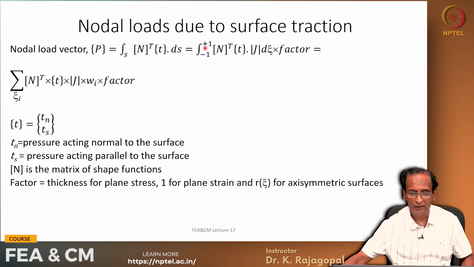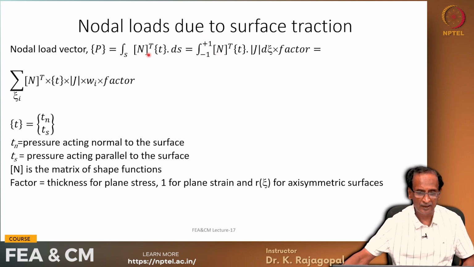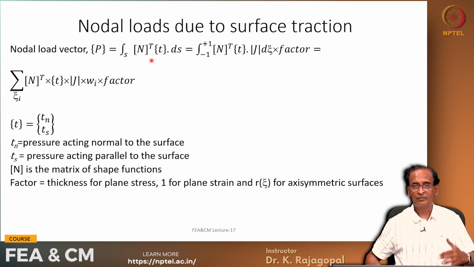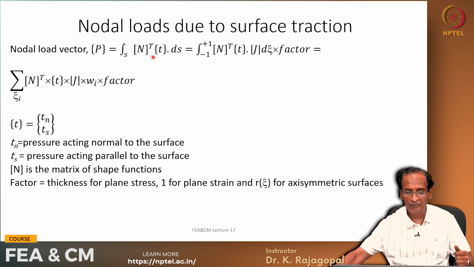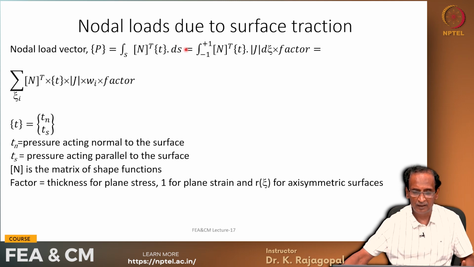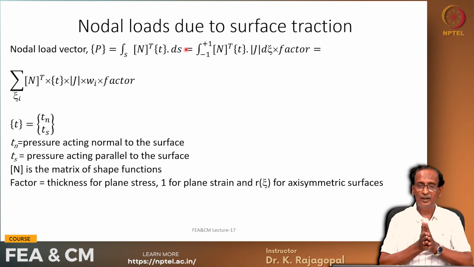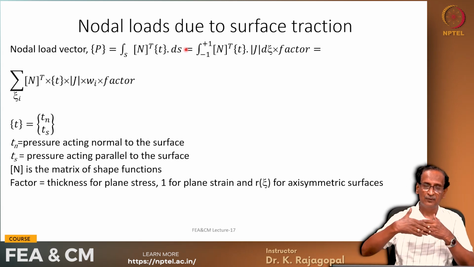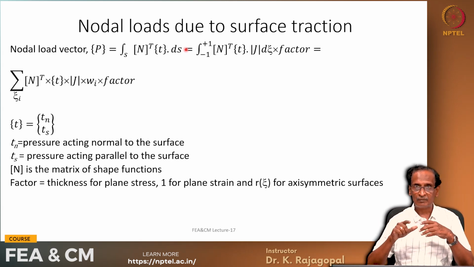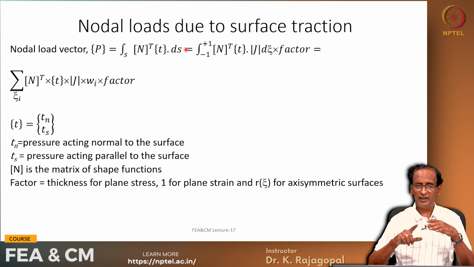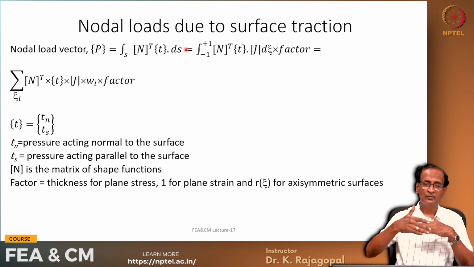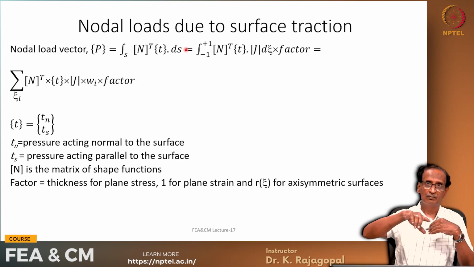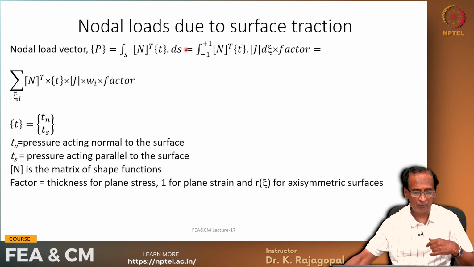The equation for this is integral N transpose T ds, and this is a surface integral, whereas the previous ones are all volume integrals. In a two dimensional case, surface means length multiplied by width, so we have only integration in one direction, multiplied by either the thickness or a unit value or radius, in the case of axisymmetric.